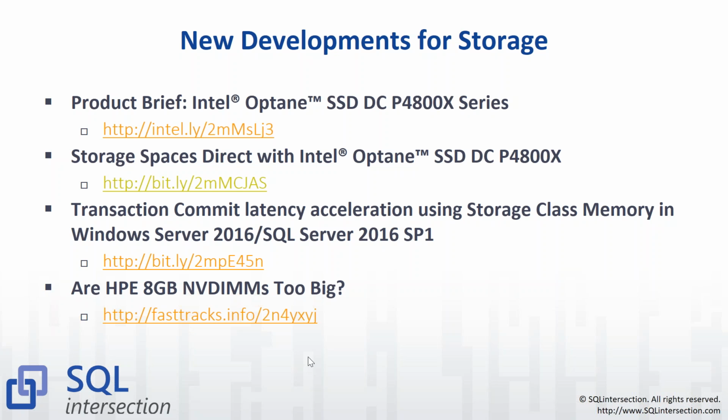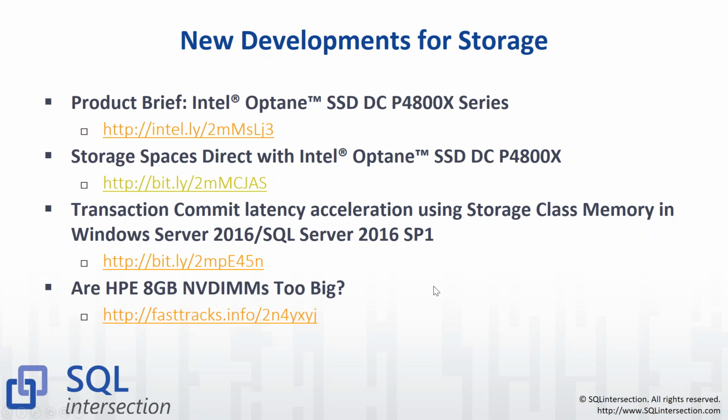And they just came out with the very first product about a month ago. And you could use one of these to do something like have tempdb on it, for example, if you needed the absolute best performance you can get. So I've got a link that talks about this. And then this shows you how much better Storage Spaces Direct performs with this new card compared to the very best flash storage that Intel had before that.